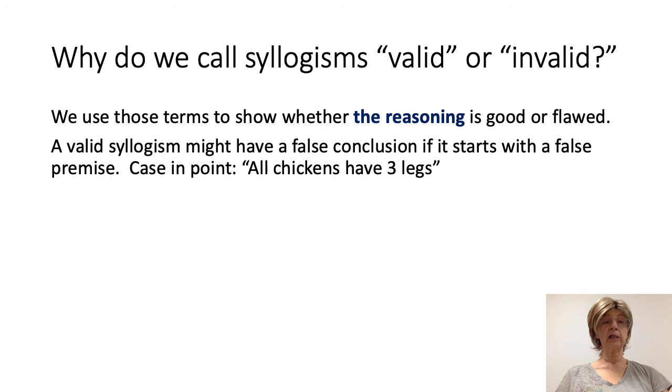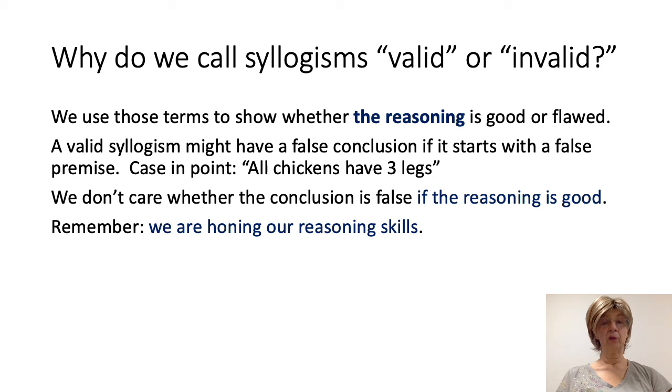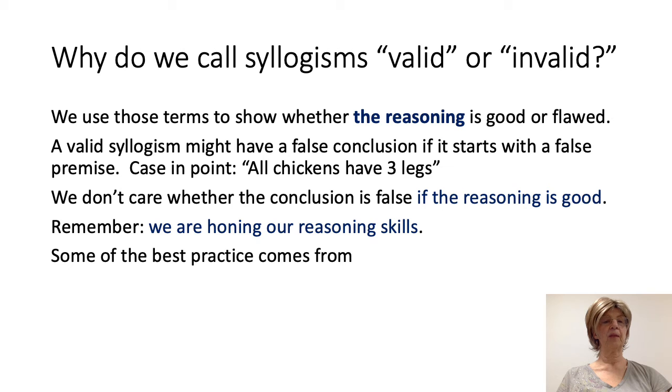A valid syllogism might have a false conclusion if it starts with a false premise. Case in point, all chickens have 3 legs. We don't care whether the conclusion is false if the reasoning is good. Remember, we are honing our reasoning skills. Some of the best practice comes from nonsense land.